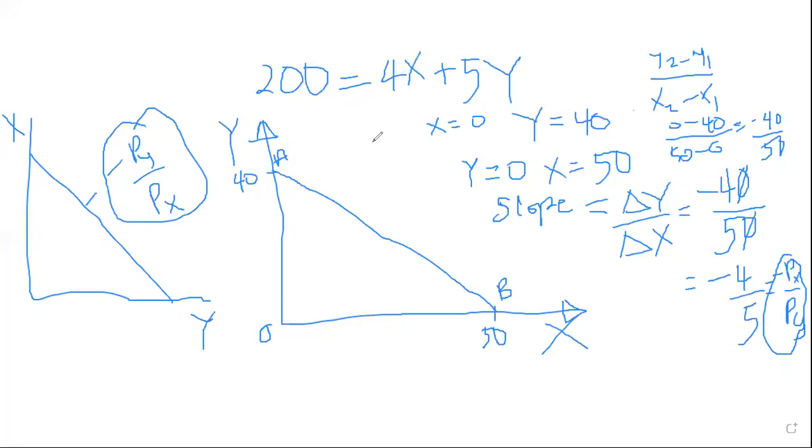Okay, good. Now, given that we know what a slope is, let's look at what would cause a change in the budget line. So I'll look at changes in the budget line, BL. There are two things that will cause a change in BL.